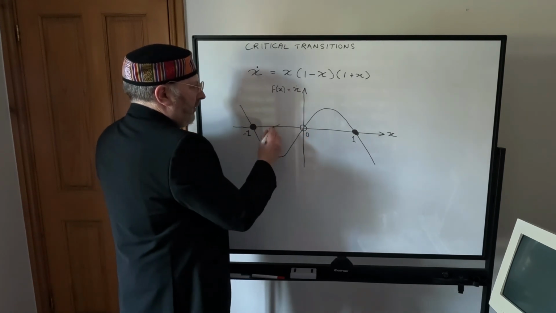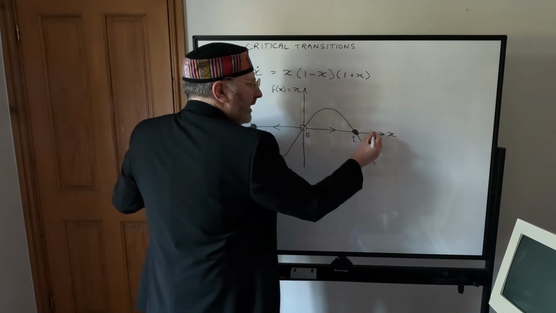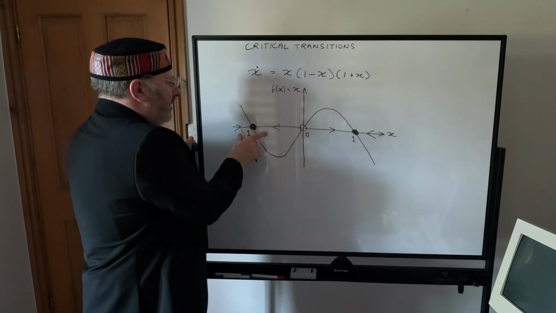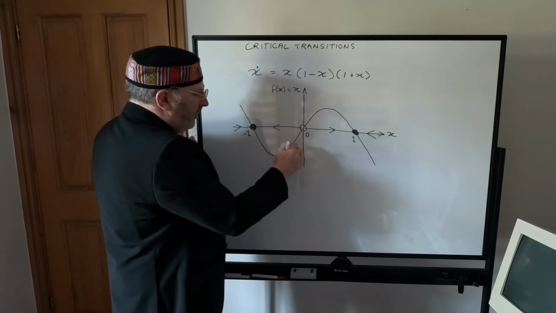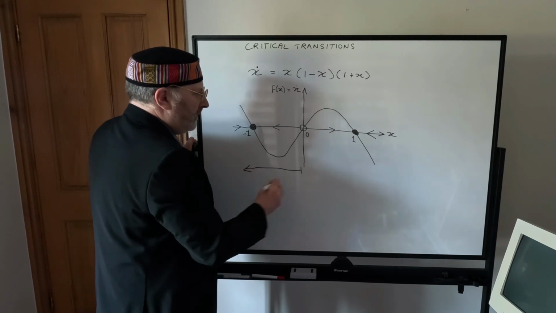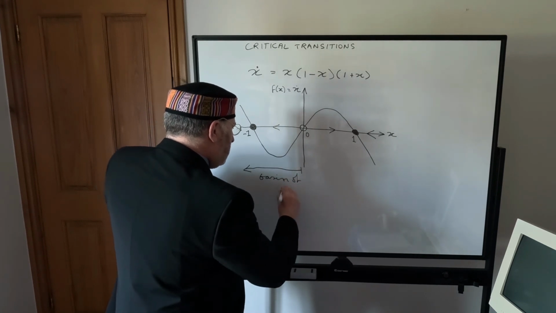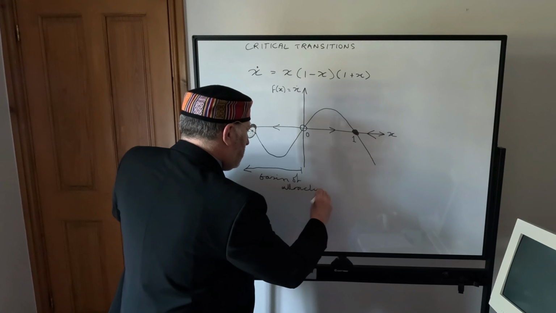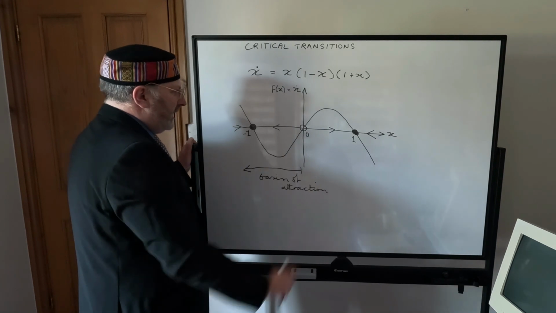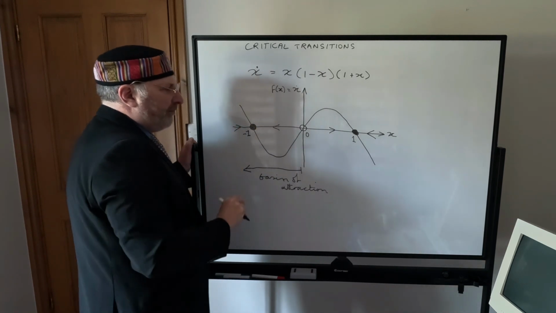If we show the arrows of the phase portrait, here it's moving towards that from below, and also towards it from above. Here it's moving towards that from above and below. So we say that this has a basin of attraction from here to -infinity. Anywhere that's between 0 and -infinity is going to be attracted to that one. That's its basin of attraction.